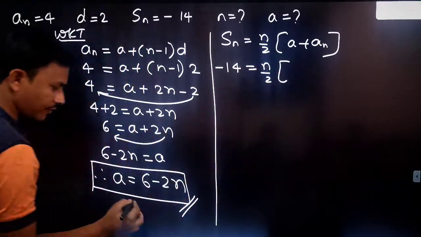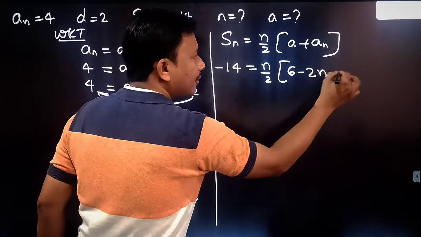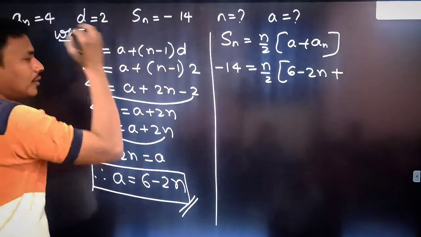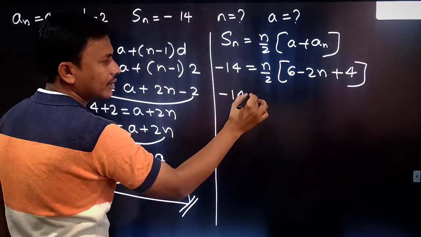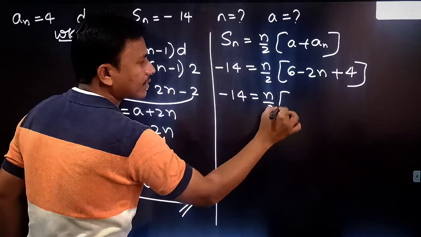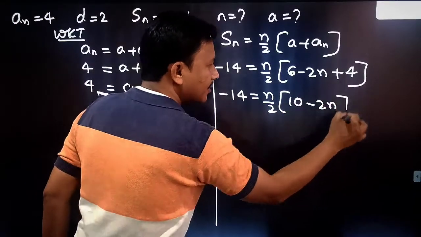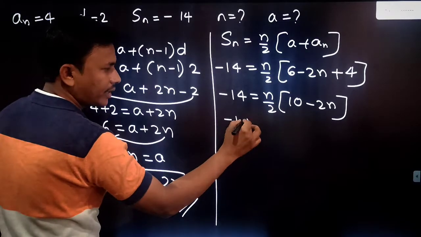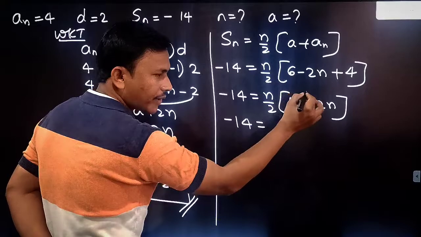What is the a value? 6 minus 2n plus the an value 4. Minus 14 is equal to n by 2 in bracket 6 plus 4 is 10 minus 2n. Minus 14 is equal to, look here, 2 ones are 2, 5s are 5.